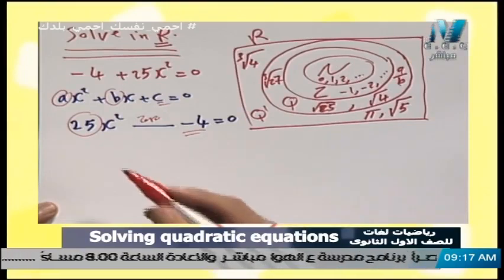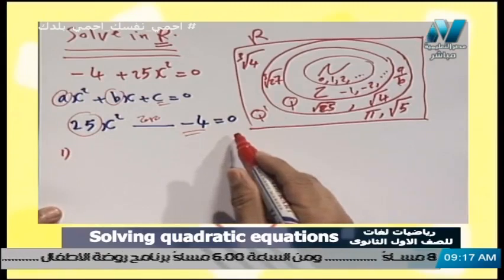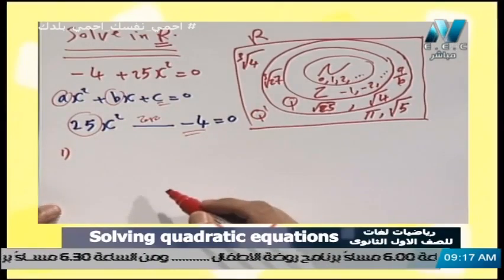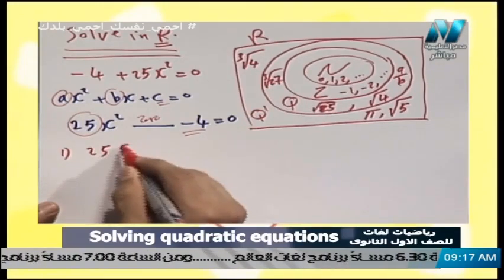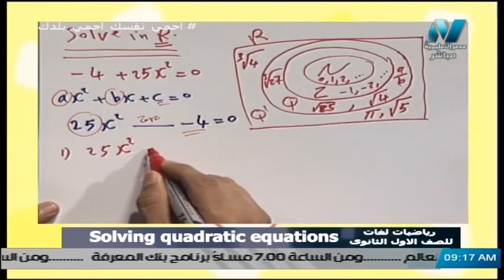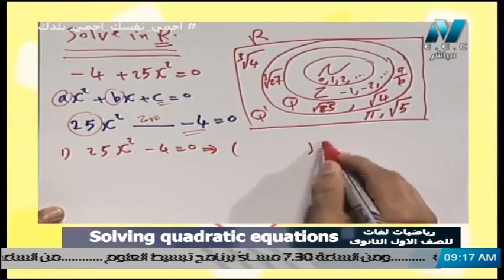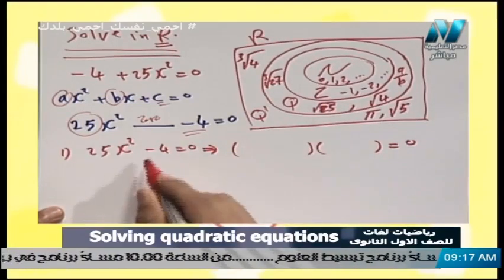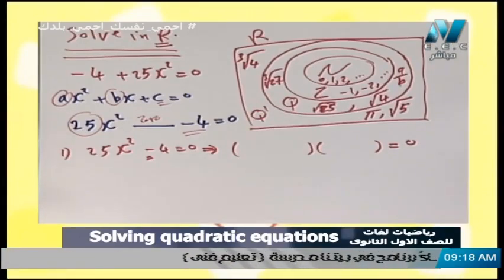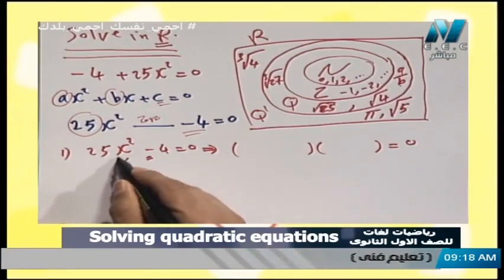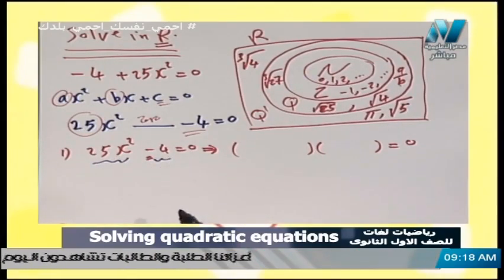We will use two methods to solve this equation. It is a quadratic equation because it is a second degree equation. We can use factorization: put it like that, 25x power 2 minus 4 equals 0. We can factorize it as a difference of two squares. As we know, the first term is a complete square of 5x, and this term is a complete square of 2.